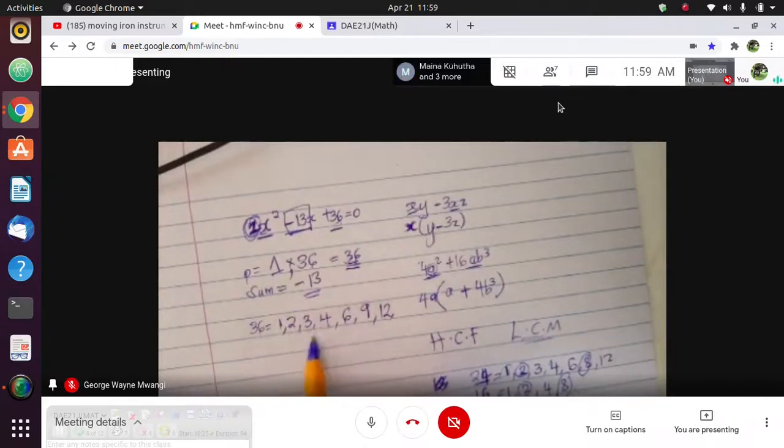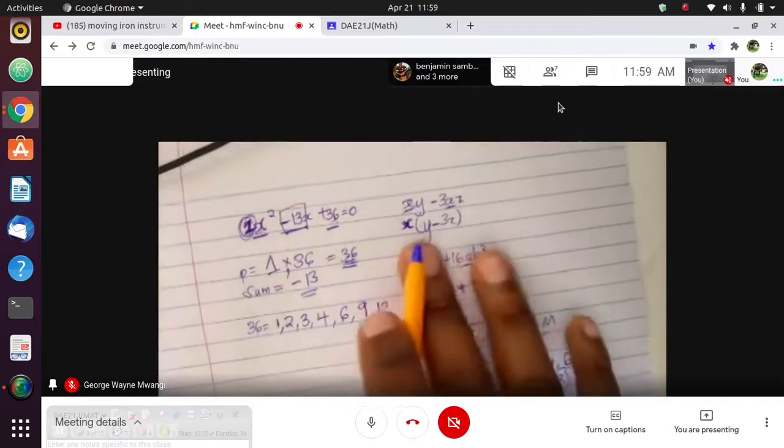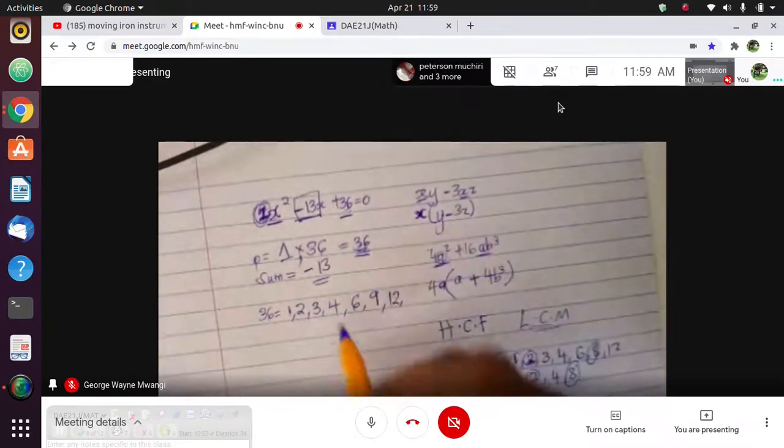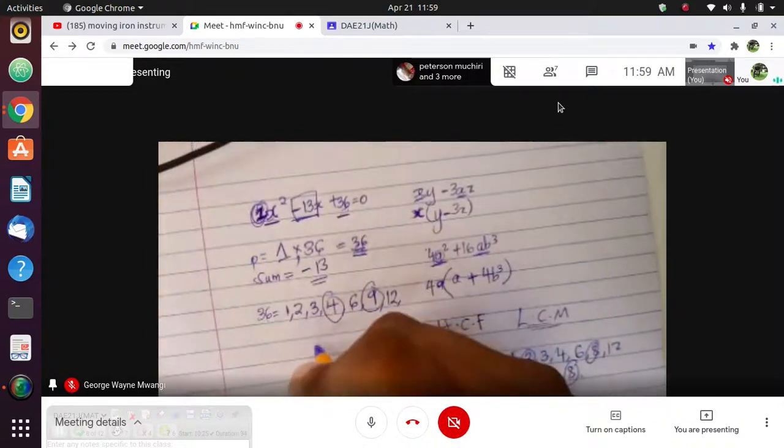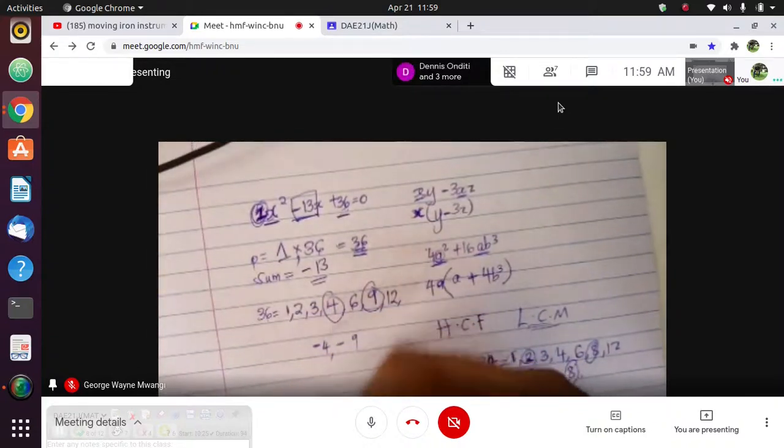And when I add them, I'll get minus 13. Nine and 4. But remember, ziko negative. Yeah? When I multiply minus 4 and minus 9, I will get 36. When I add them, I will get what? Minus 13.